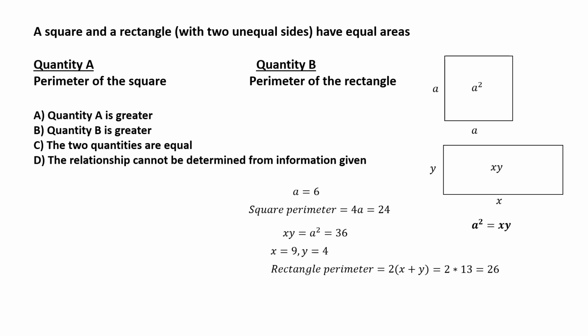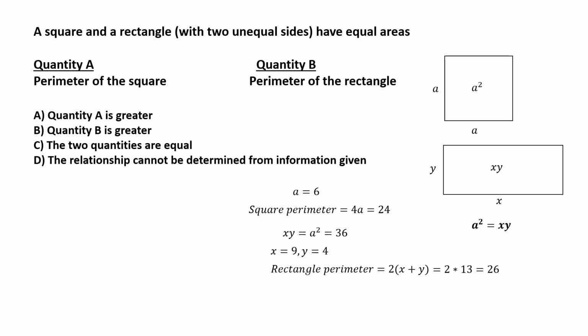So we can see that for this set of values of x, y, and a, and we have taken those values in such a way that they conform to the constraint that a square equals xy, the perimeter of the rectangle exceeds the perimeter of the square. And we can pretty much test other sets of values of a, x, and y.